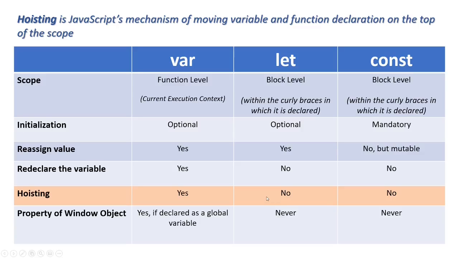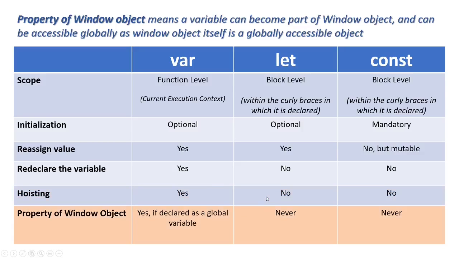Okay, so the last difference is the property of window. If we create a var variable in the global scope, then it will become a property of the window object. However, let and const, even if we declare them in the global context, are not going to become properties of the window object.